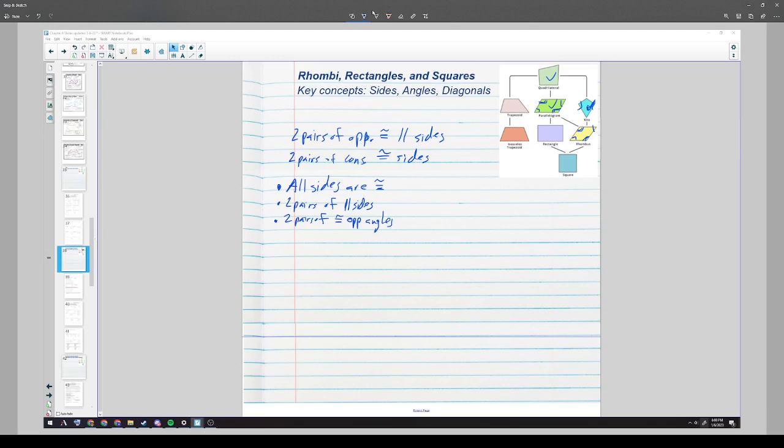Next, if you remember from a kite, the long diagonal bisects the two angles at the top and bottom. So it bisected the two non-congruent angles. But now that we have a rhombus, the diagonals each have that property of bisecting their corner angles.